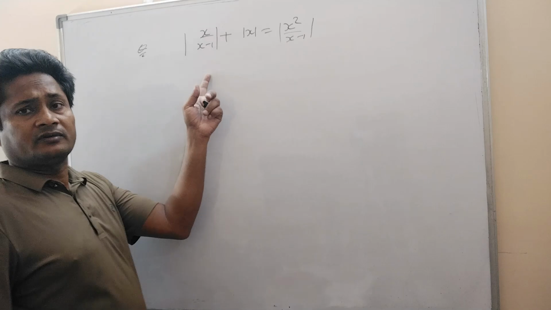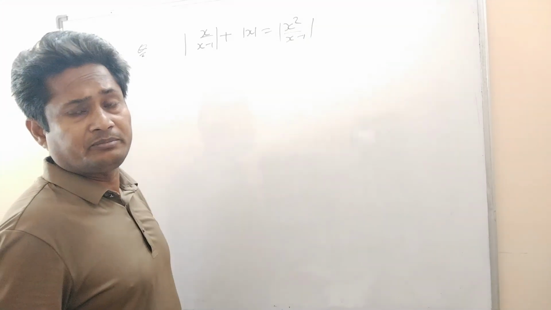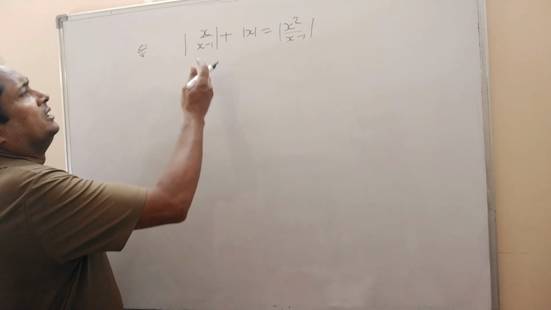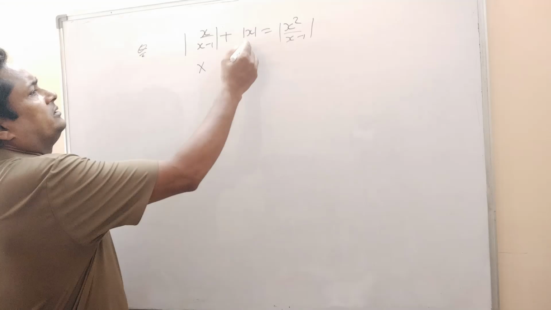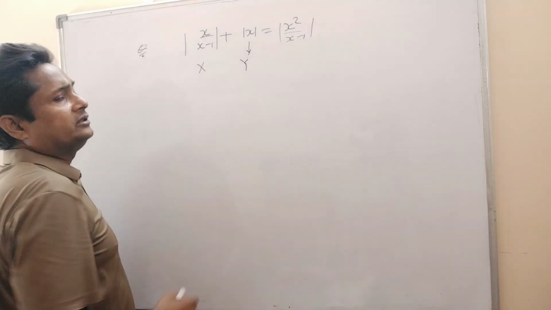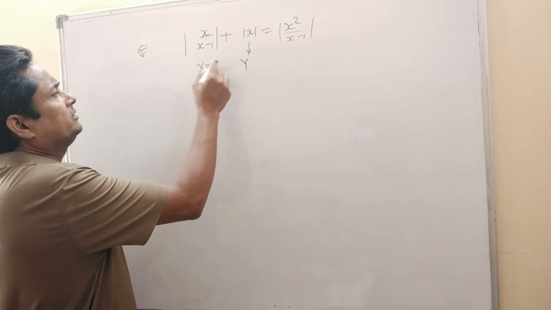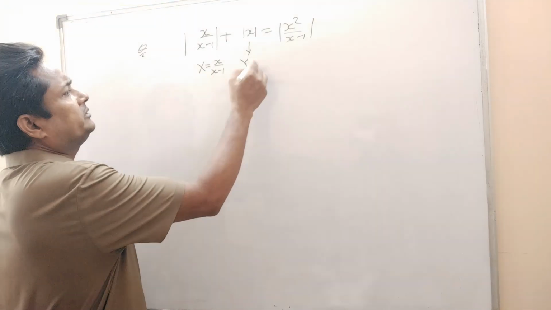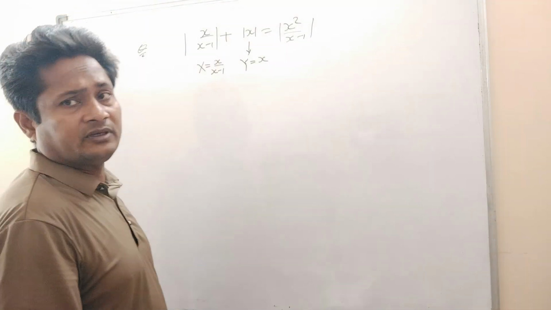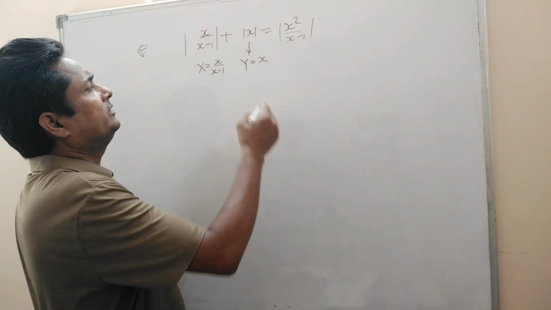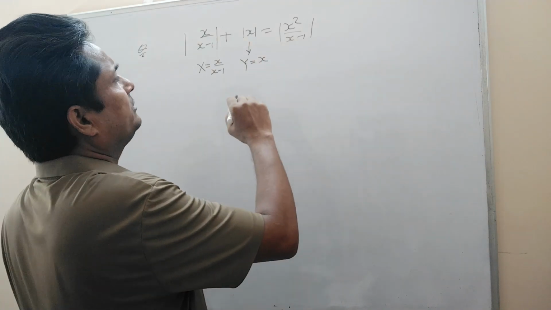Again the same property you can apply here. This is capital X and this is capital Y. Capital X is x over x minus 1, and capital Y is x. Then verify what will be the solution of this one.